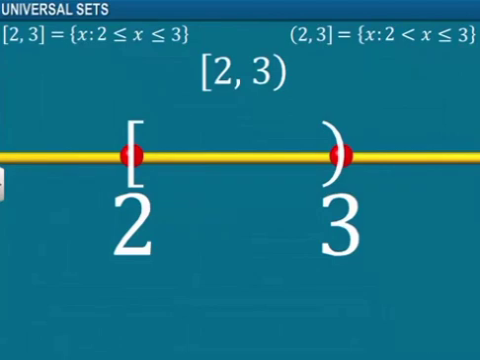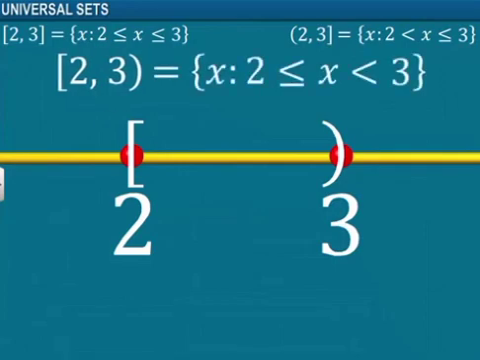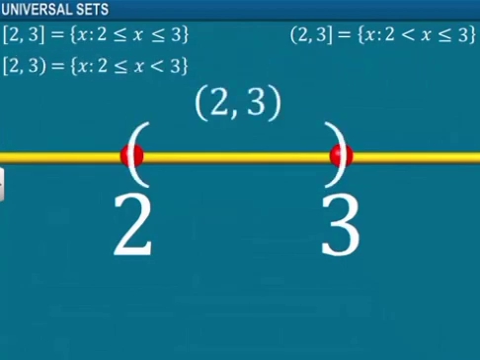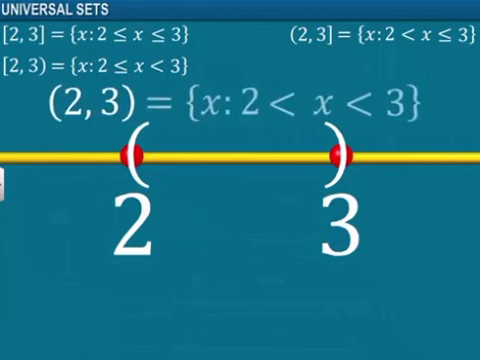This interval is represented in the set builder form as shown. The fourth interval is all the numbers within the interval 2 and 3, excluding 2 and 3. This interval is represented in the set builder form as shown.